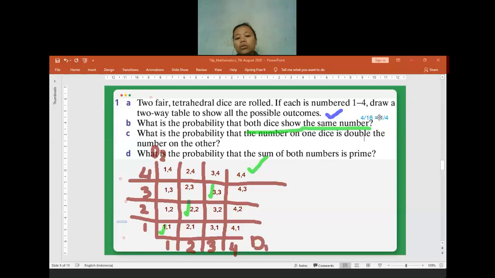Anyone knows how many ways it is possible to get one dice that is double the other dice? Is it like 2, 4? Yeah, it's like 2, 4. Correct. So, only one? Are you sure?